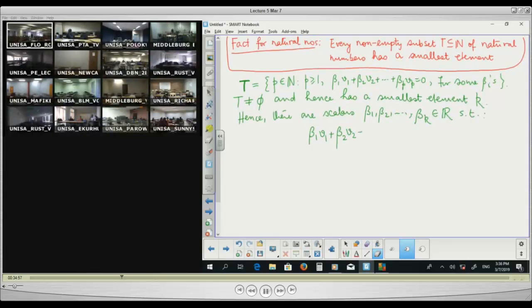Further, you can say something more. You can say beta k is definitely non-zero. Why? Suppose beta k is zero, then this actually gives you a natural number in T which is smaller than K, which is not possible. Right?